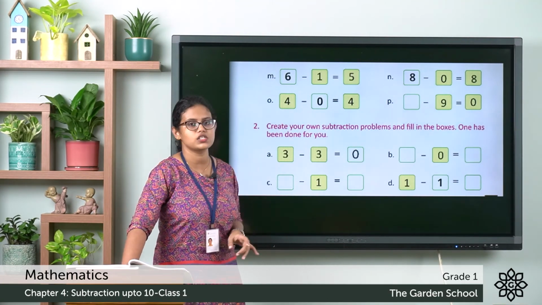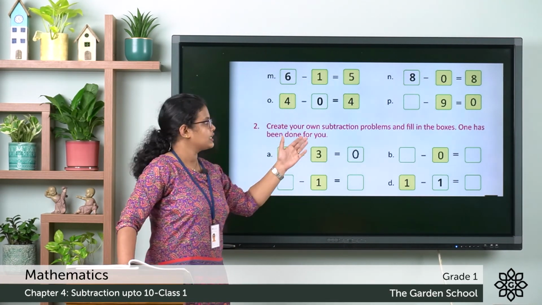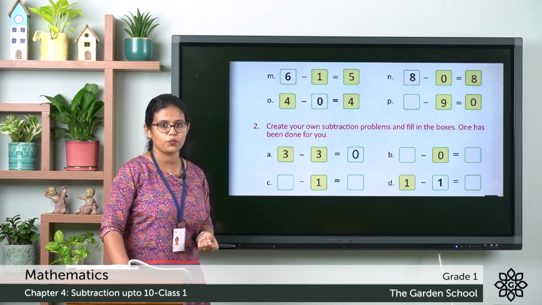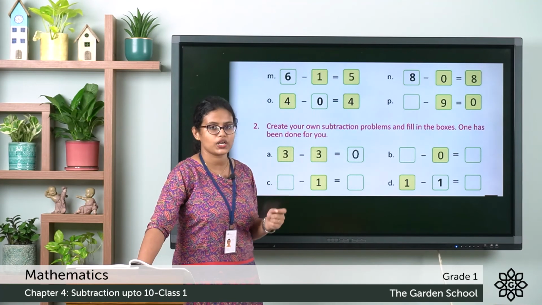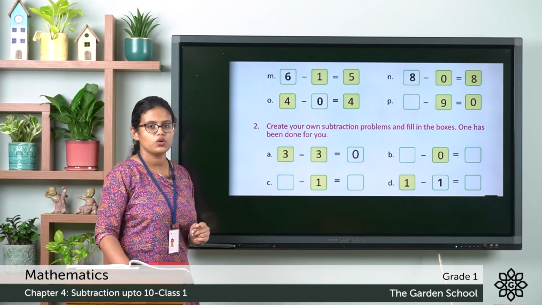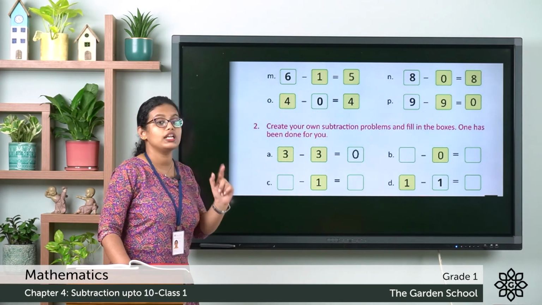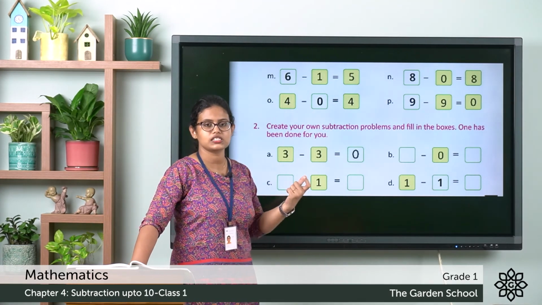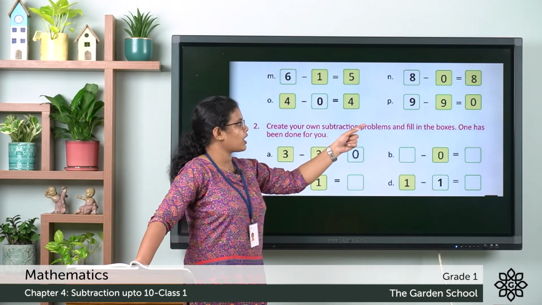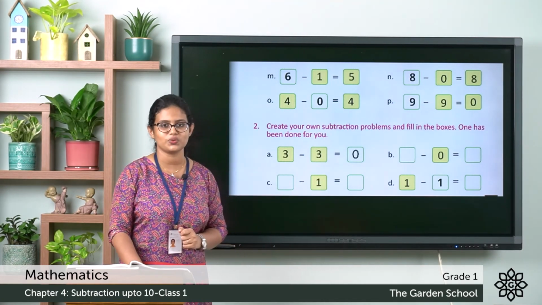So 4 minus 0 equals 4. The last one, you need to find the number from which 9 is subtracted to get the answer as 0. Which is the number? See, 9. When you subtract the same number, you get the answer as 0. 9 minus 9 equals 0.